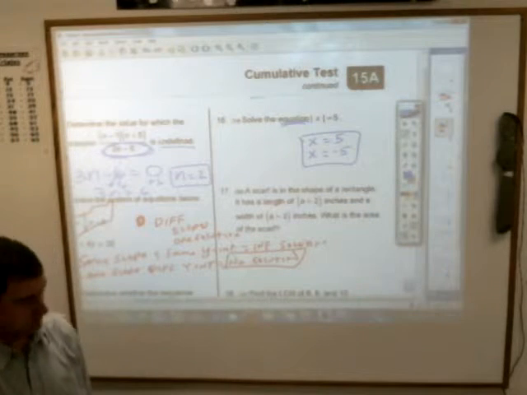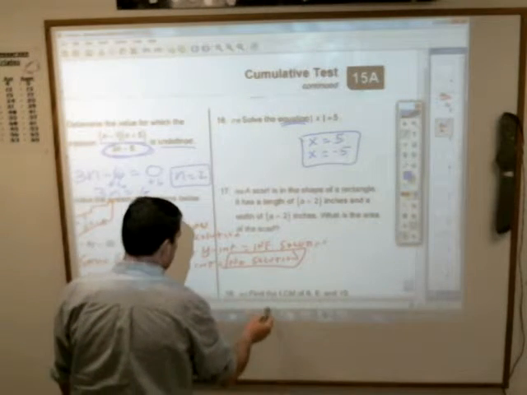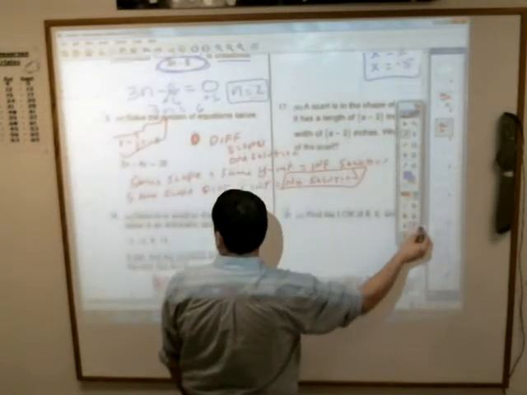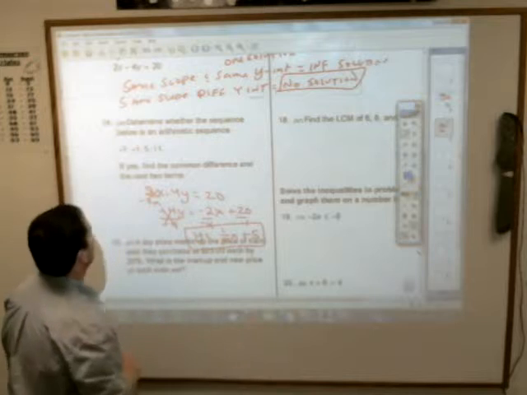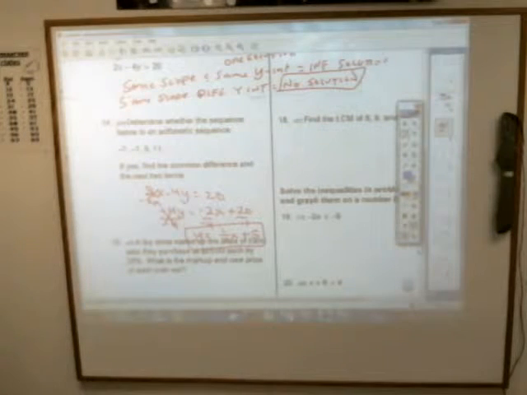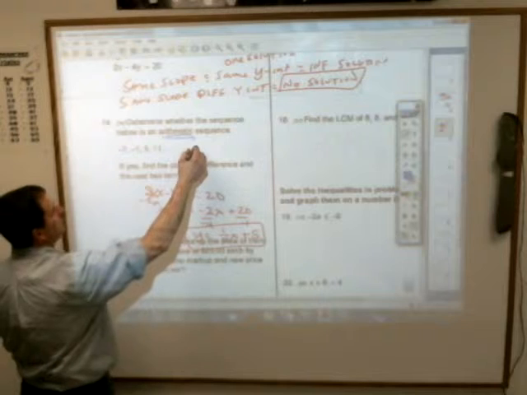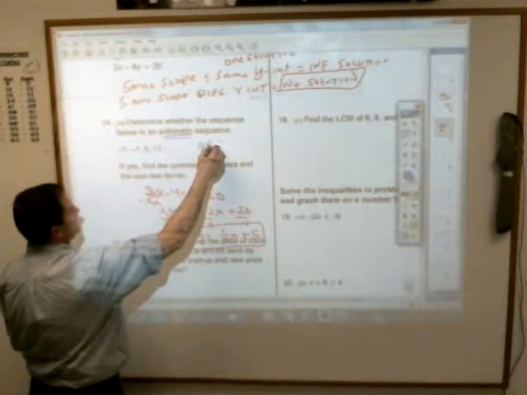Alexandria, number 14. Great. Determine whether the sequence below is an arithmetic sequence. An arithmetic one, ladies and gentlemen, is one that you can do by adding or subtracting.